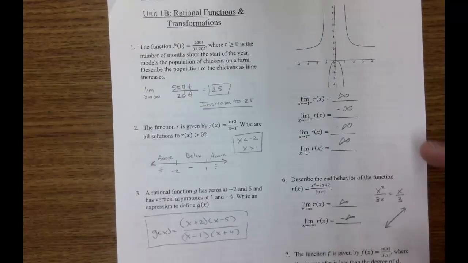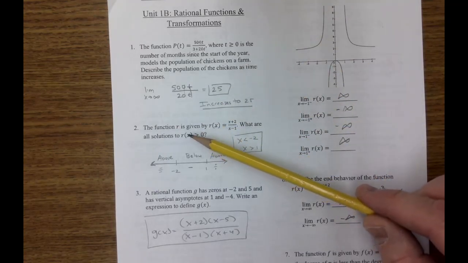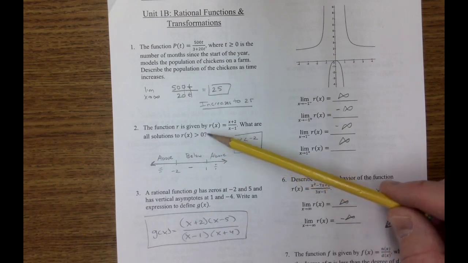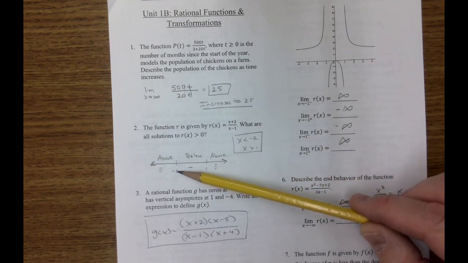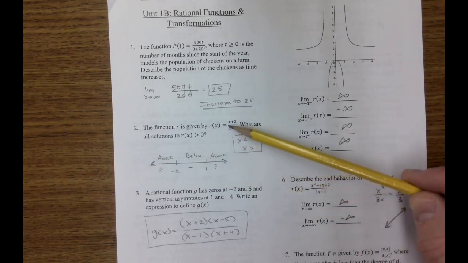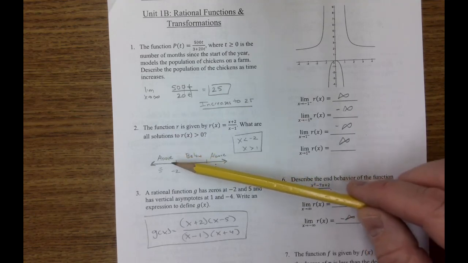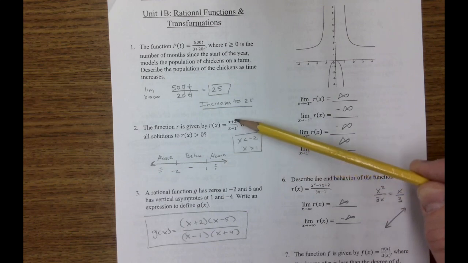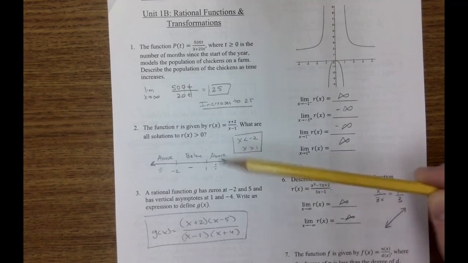On problem number two, again, if you are looking for when the function is greater than 0, when it's above the axis, you're going to look at the critical points. And the critical points here are -2 and 1. That's a 0, that's a hole, and so we have these three sections. If we put a number that's bigger than 1 into here, we have positive over a positive, which is positive, above the axis.